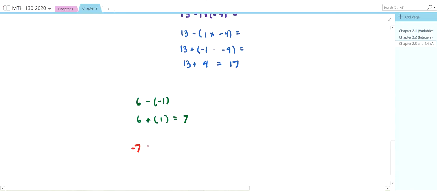Minus 7 minus a negative 2. Same thing as minus 7 plus 2, which is going to be minus 5.